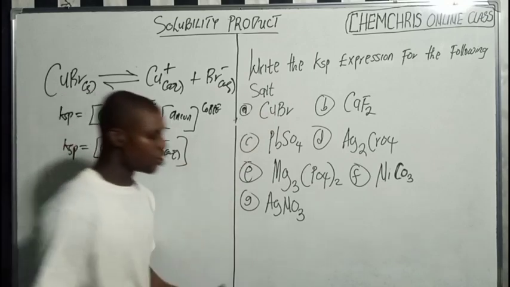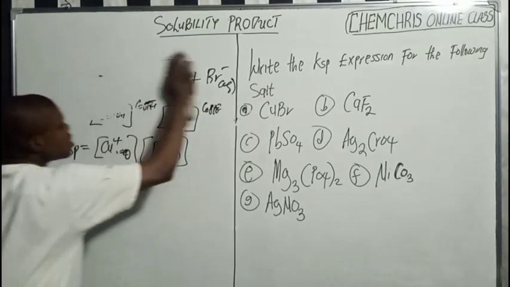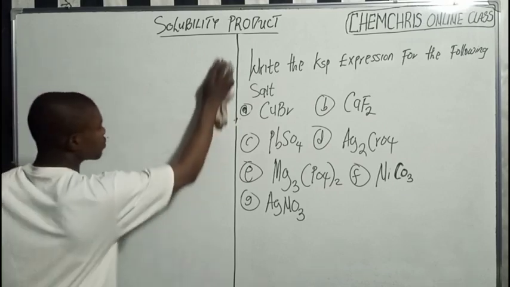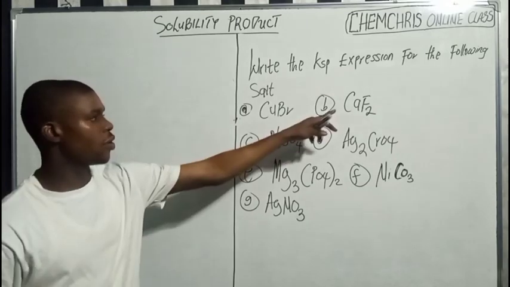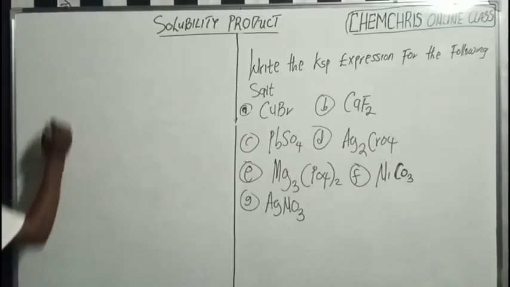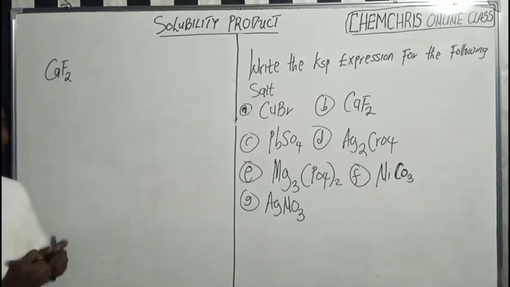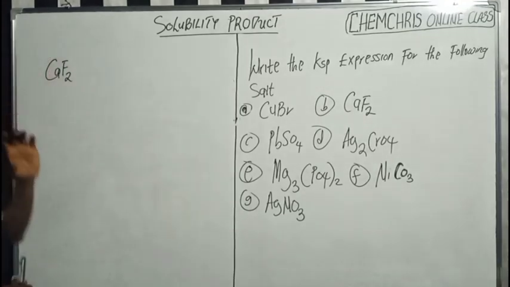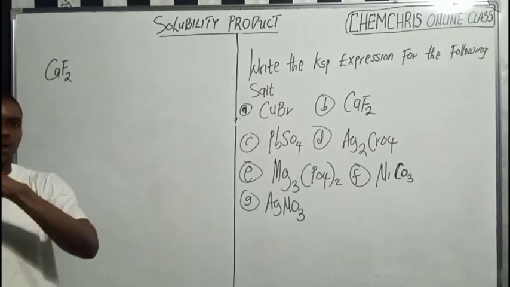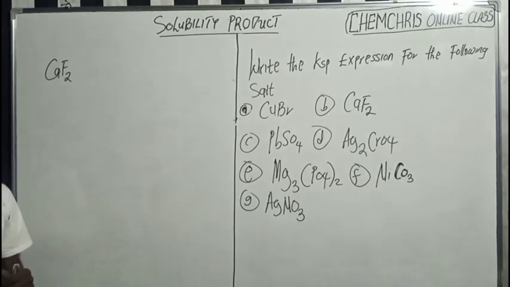Now let's move forward to the second one. If you look at the second one here, we have CaF2. Like I told you, you must figure out the oxidation state of each of the elements. Here we have calcium and here we have fluorine.